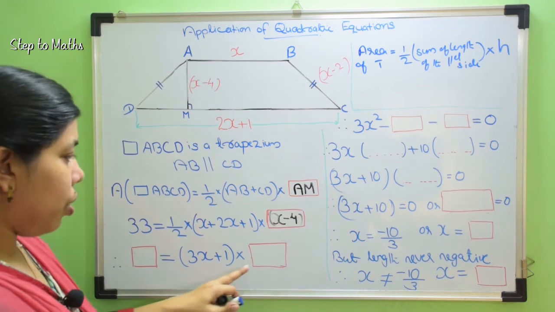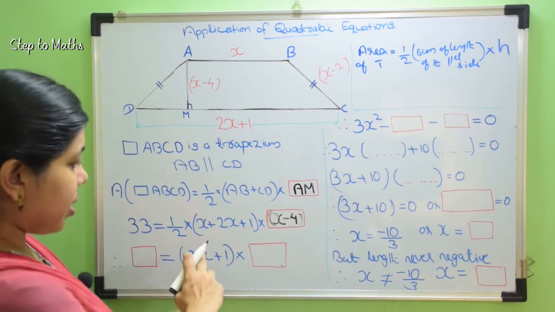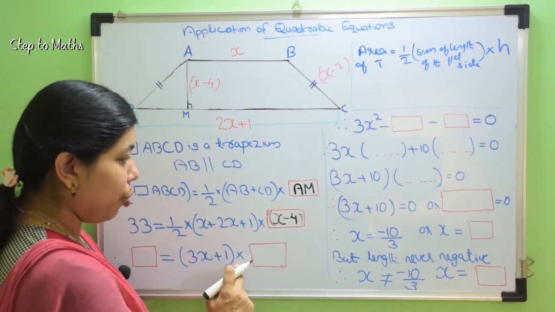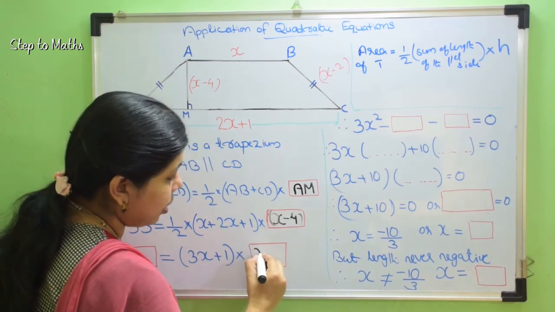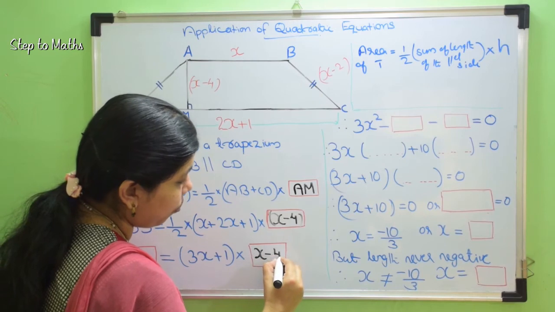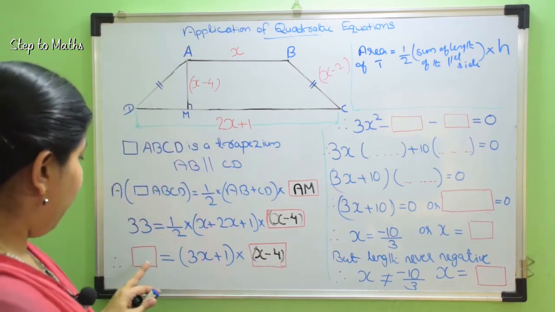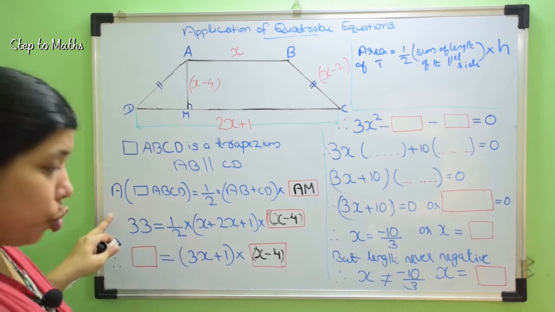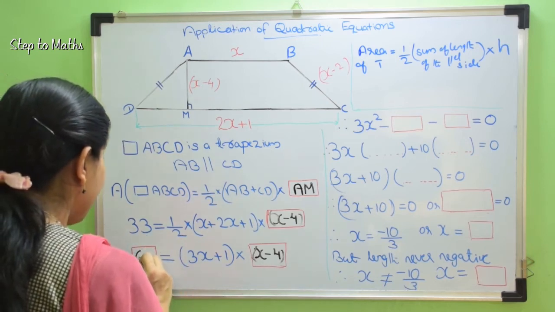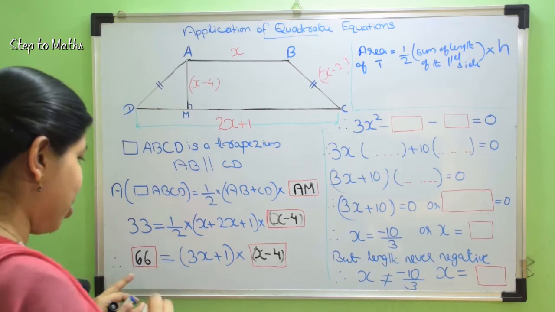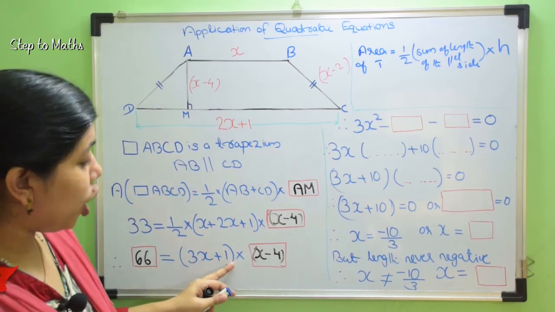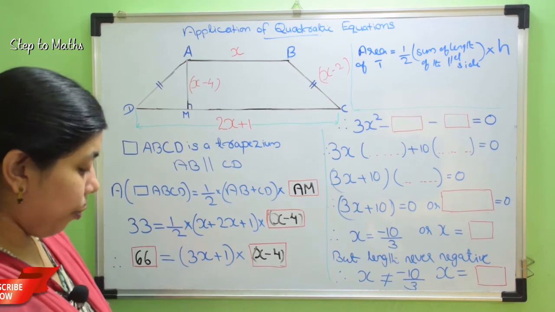Therefore, 3x means x plus 2x is 3x plus 1 into x minus 4. And which value in this box? 33 into 2 is 66. That is 66 is equal to 3x plus 1 into x minus 4.